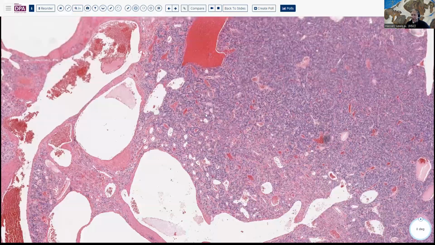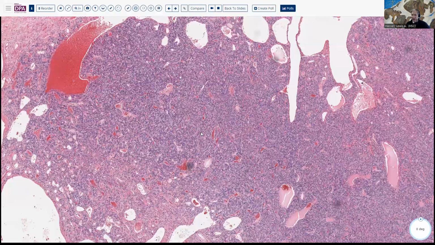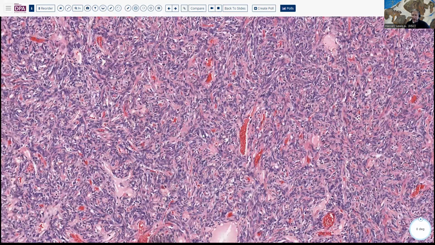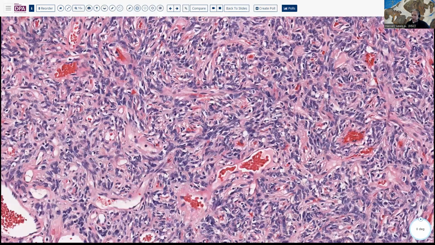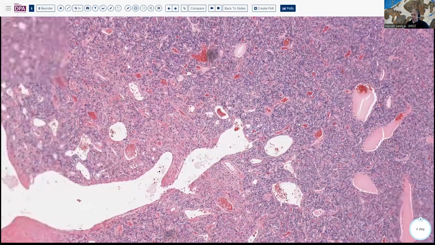But you could certainly entertain the consideration of a deep fibrous histiocytoma or other lesion like that. And this might share some immunohistochemical findings with those in terms of CD34 and so forth. These lesions will also often express BCL2, but the more useful marker is STAT6.